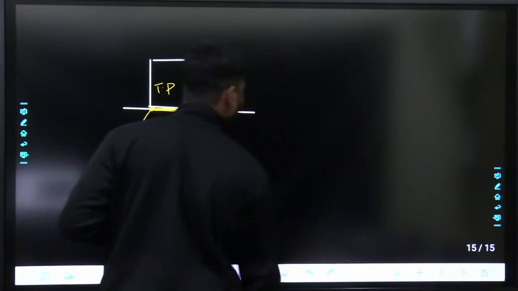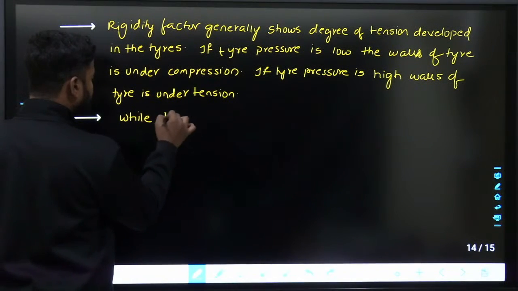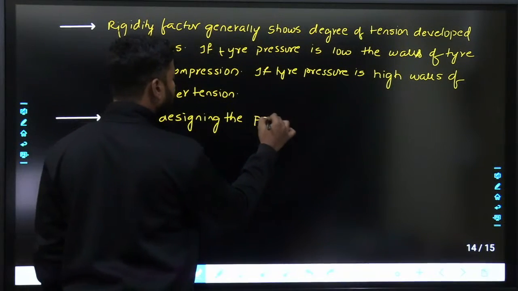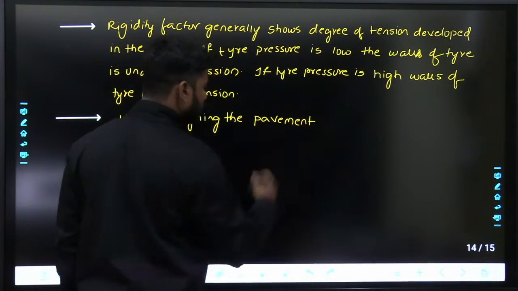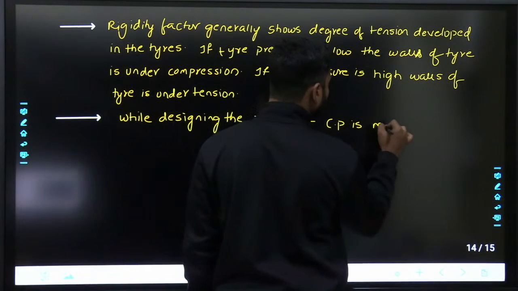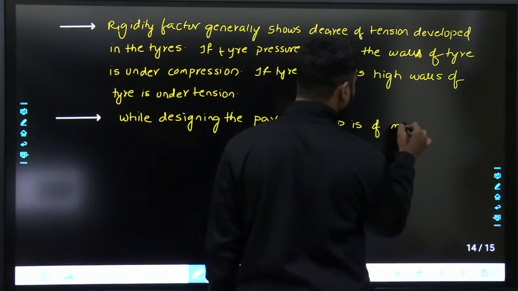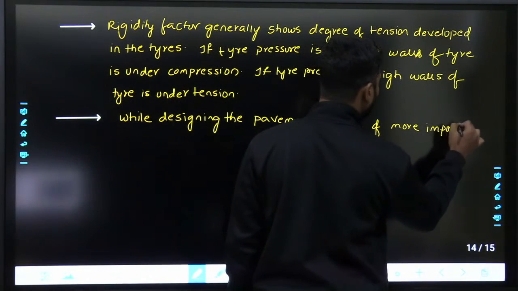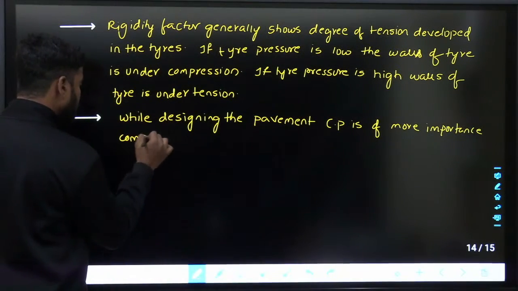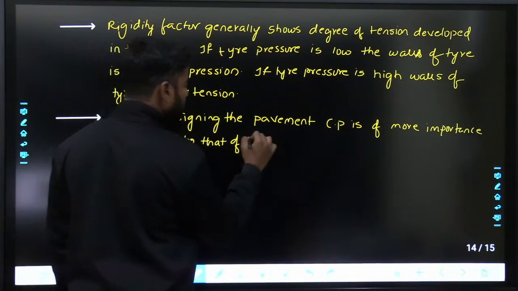So while designing the pavement, or designing means indirectly finding out the thickness of the pavement, contact pressure is of more importance compared to that of tire pressure.